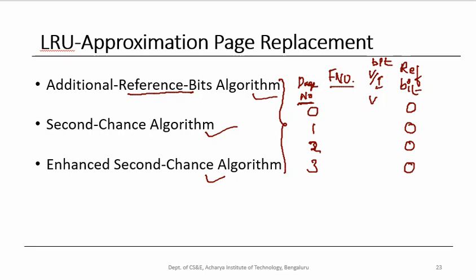And when a reference to a particular page is made by the CPU, let's say the CPU makes a reference to 1, that means it is trying to access page 1, the reference bit which corresponds to this page is now made 1.